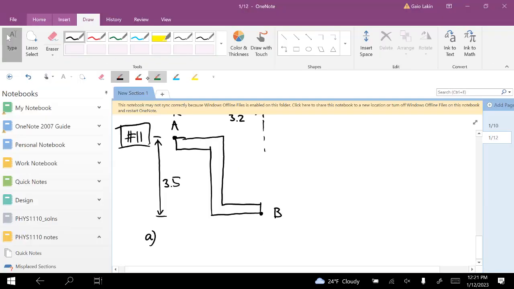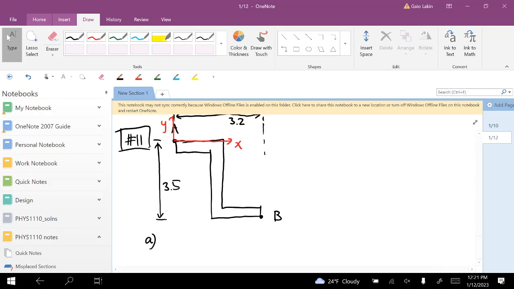Okay, so I'm going to put the origin here. Just think about the origin there temporarily. And then all I'm doing is calculating the coordinates of that point B in this XY coordinate system.